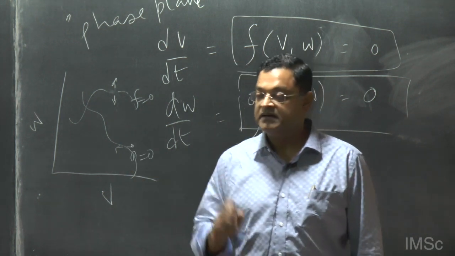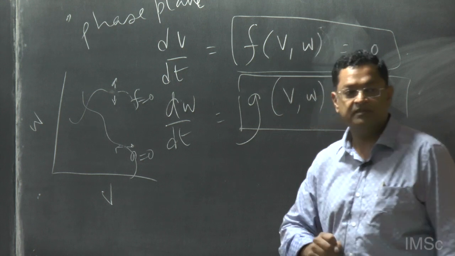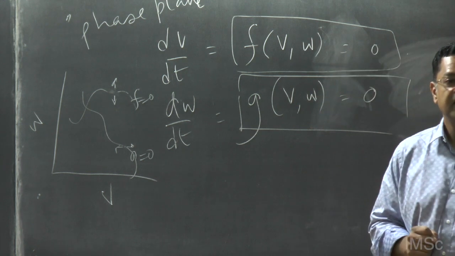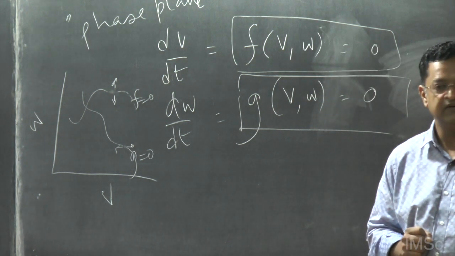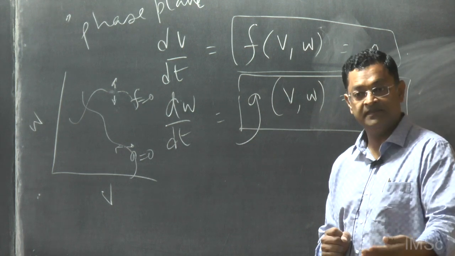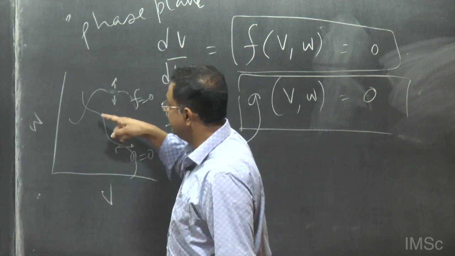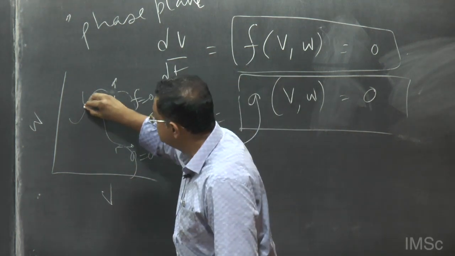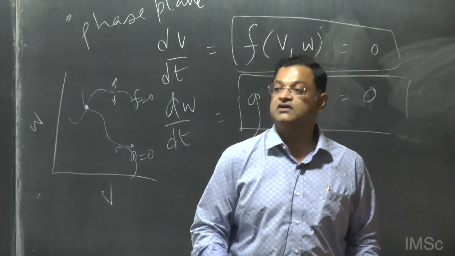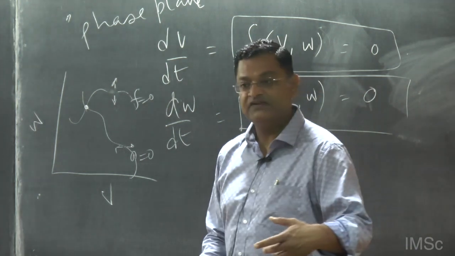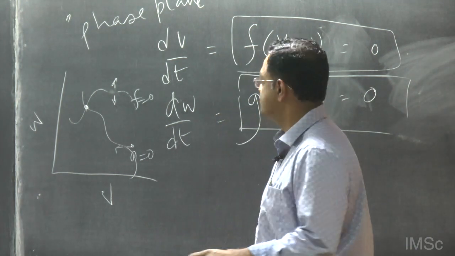Okay. So what happens at a point where f and g are both 0? That will then be a stationary point with respect to the entire dynamics. That corresponds physically to the intersection of these two curves. This is called a nullcline.